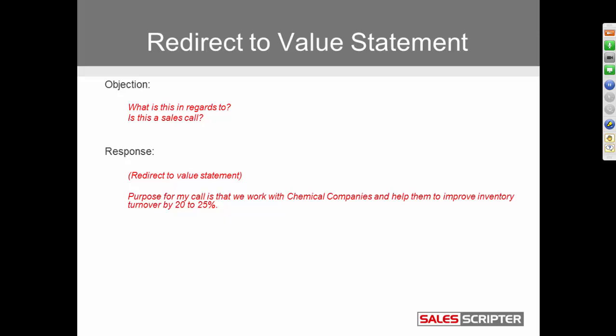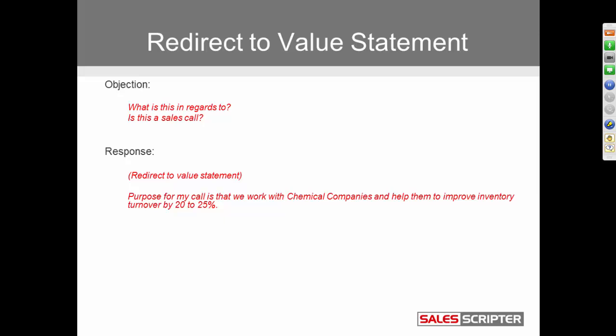Alright, so let's go through some examples of redirecting. Think of these as situations that come up during phone prospecting attempts. The objection listed here is, what is this in regards to, and is this a sales call?